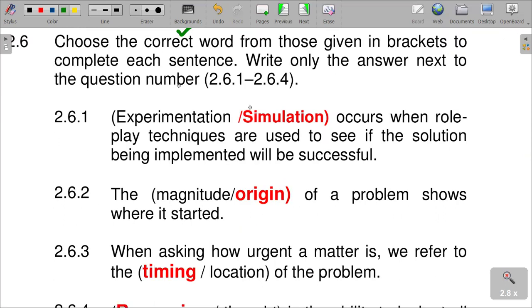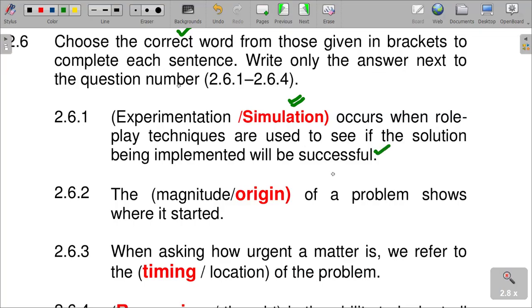Simulation occurs when role play techniques are used to see if the solution being implemented will be successful. So it is simulation.